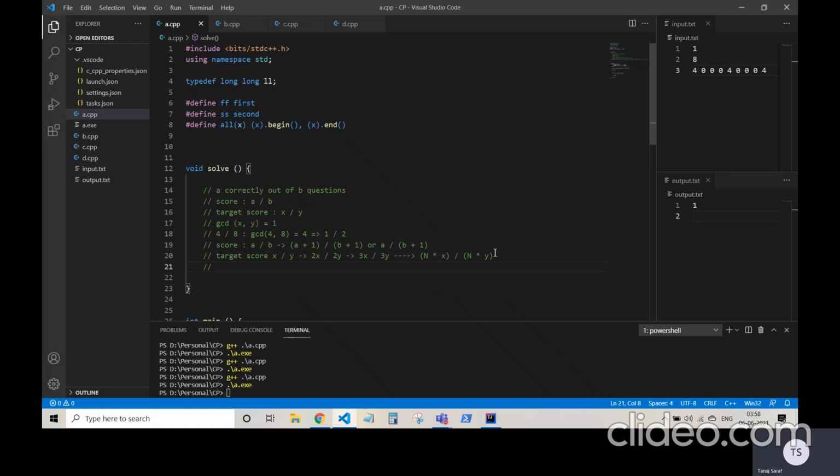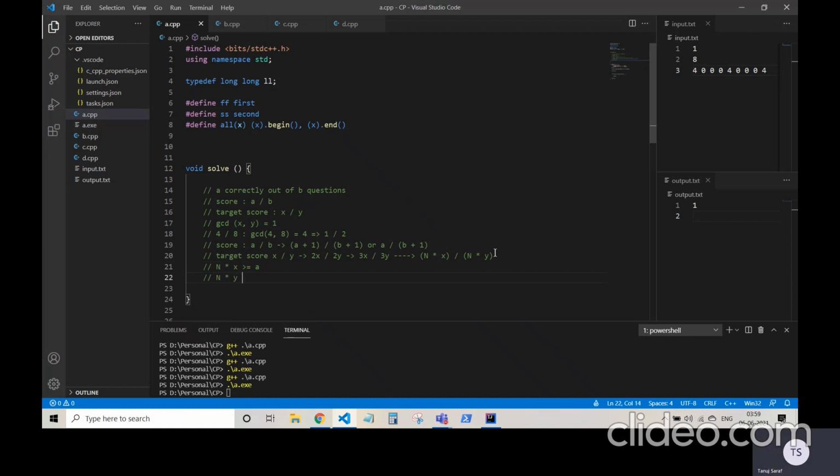So now this means that we can write a few equations. We do not know what the capital N is right now, but whatever it be, we know that n into x should be greater than or equal to a. This is for sure, right?